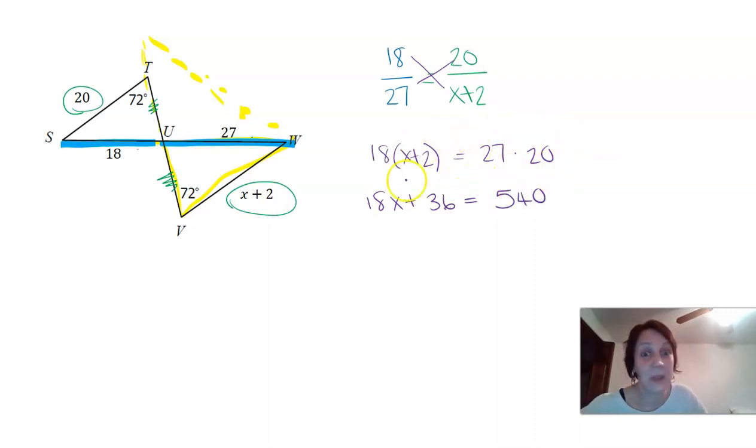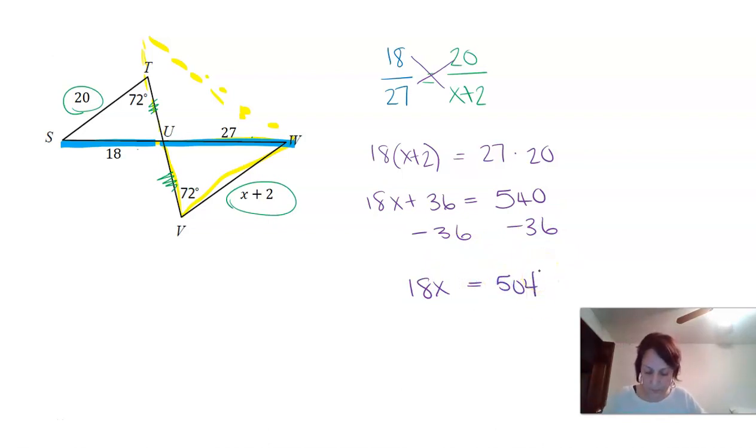Good thing I didn't. All right. So this one isn't too bad because you only have x on one side. So let's take the 36 off of both sides. I have 18x equals 504. And when I divide that out, I get that x is 28, which would make this side a 30.